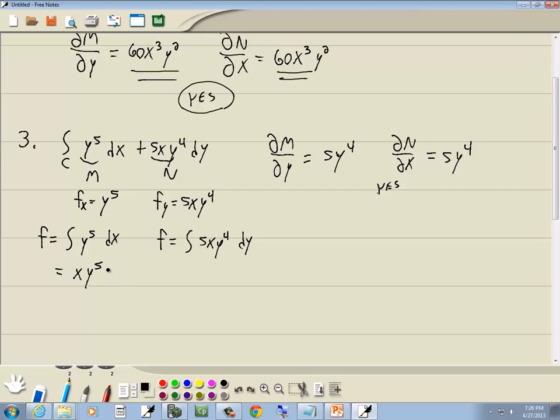And we ignore the k here, and we'll see why in a minute. And then the integral of this with respect to y, we add 1 to our power. We got y to the fourth. We add 1 to our power, becomes y to the fifth, and we divide by 5. So we got 5x times 1/5 y to the fifth. 5's cancel, and we got x y to the fifth.